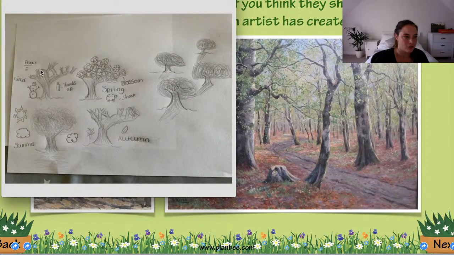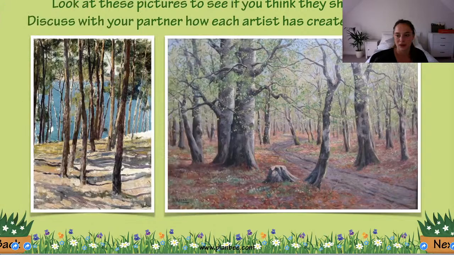This bit here is what we've been practicing, like the winter tree where it hasn't got any leaves. Brilliant. And then she's thought about spring where it starts to blossom maybe, and summer, and autumn where they start to lose their leaves. That's lovely learning, Eva. Well done. I love how you've thought about the seasons. Fantastic.